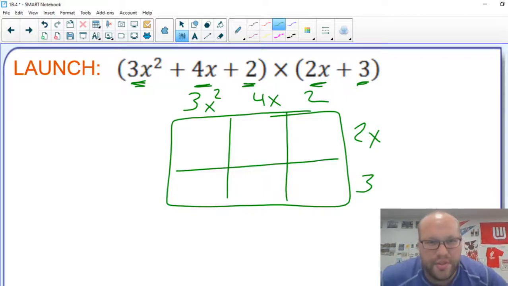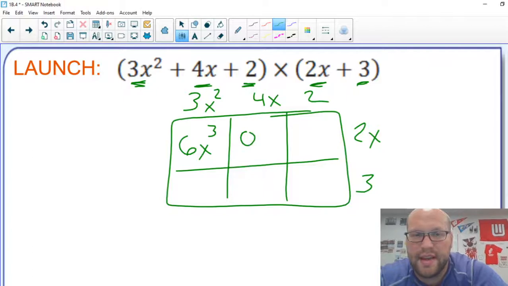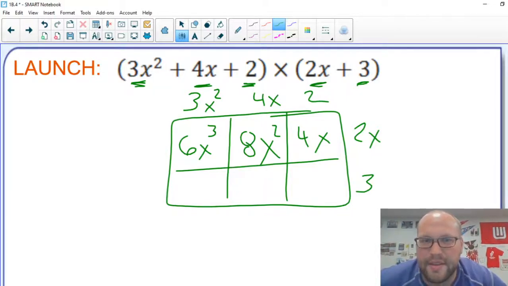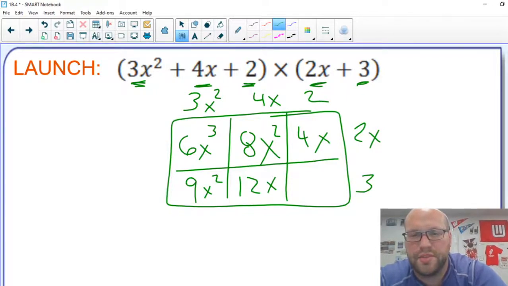This visual represents 3x squared plus 4x plus 2 times 2x plus 3, and we just multiply. 3x squared times 2x is 6x cubed, since x squared times x is x to the third, one more power of x. 4x times 2x is 8x squared: 4 times 2 is 8, x times x is x squared. 3x squared times 3 is 9x squared. 4x times 3 is 12x. And 2 times 3 is 6.